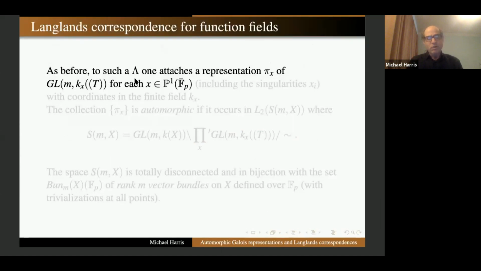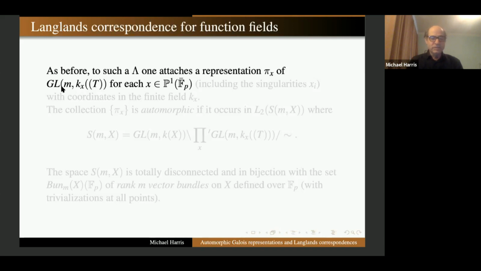Well, as before, to such a lambda, one attaches a representation pi sub x for each point x in the projective line over FP bar. Kx is the field of constants, the field of definition of the point x, which is a finite field.